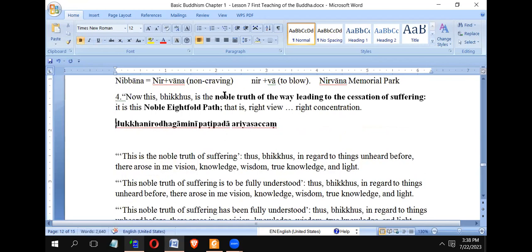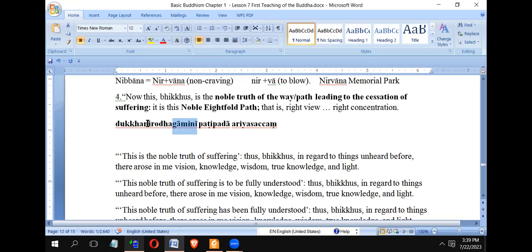The way, patipada. Sometimes they translate it as the path. Leading, gamini. All right, very easy. You can all guess: what is the root of gam? To go. Yeah, to go. Go to where? Where do they want to go?